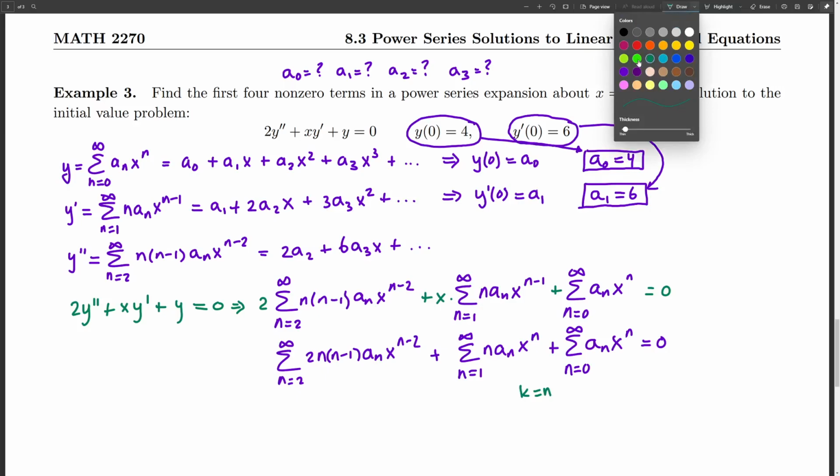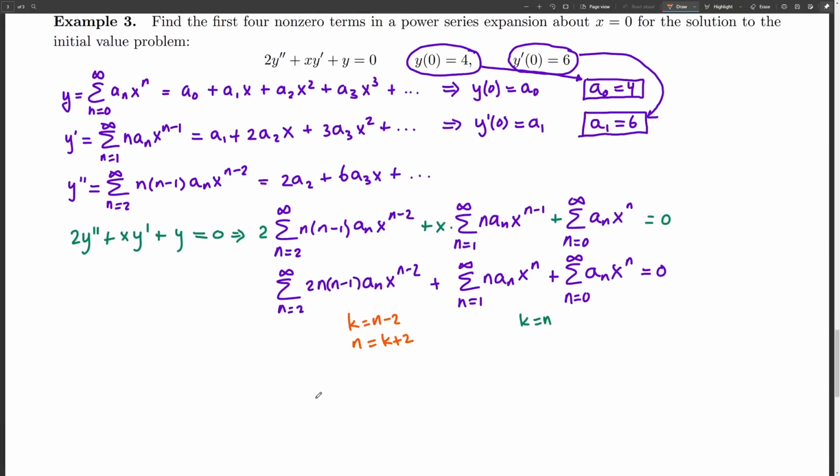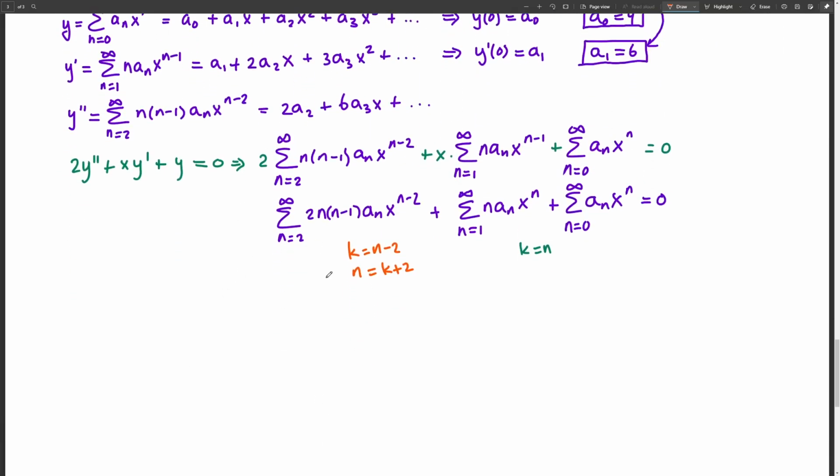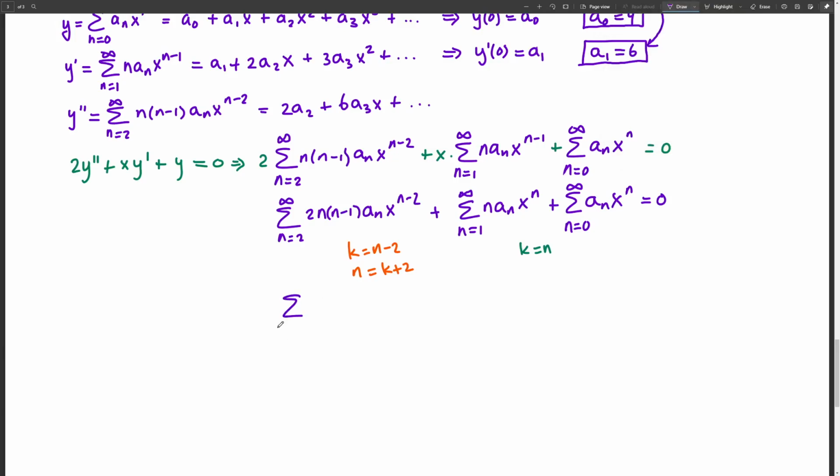And then for the first one, I want to replace the n minus 2 by k. So another way of writing this is that n equals k plus 2. So we're now going to replace the n by k plus 2, and then the n minus 2 becomes a k.